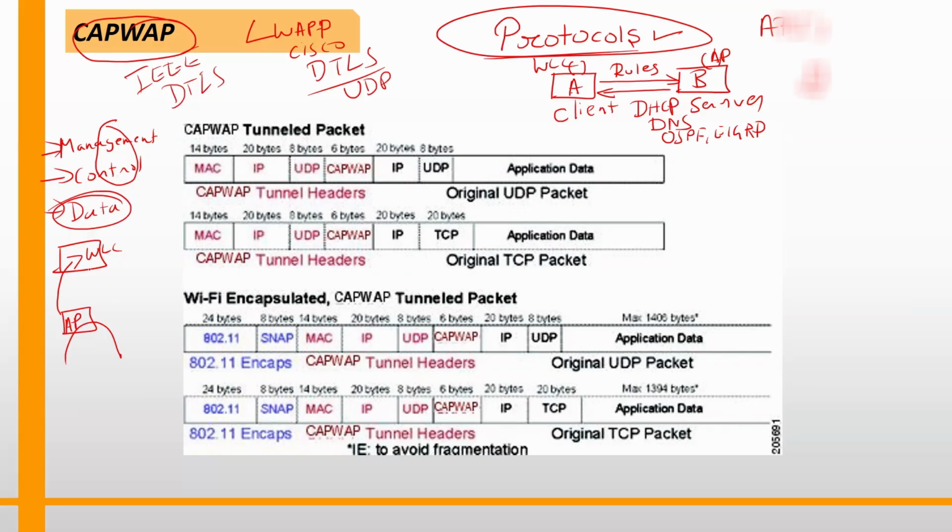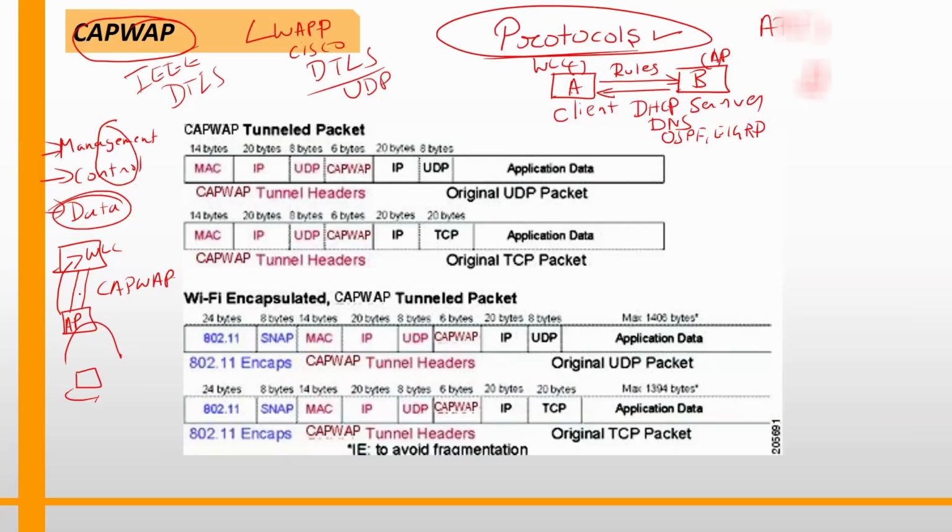Just taking one step forward. So now the access point is facing towards the client and managing the data traffic, it is switching the data traffic between the clients. The management and control traffic goes to the WLC via the protocol that is called CAPWAP.